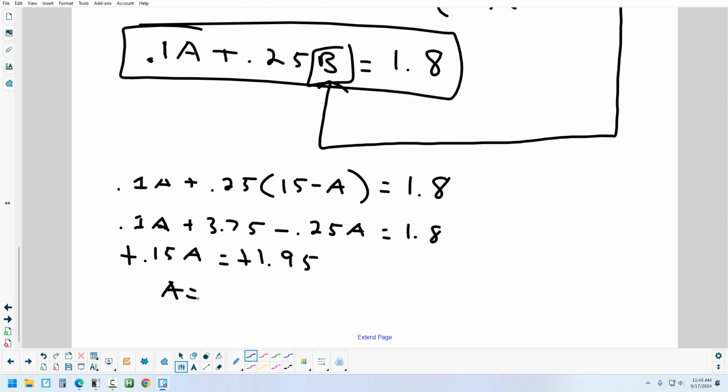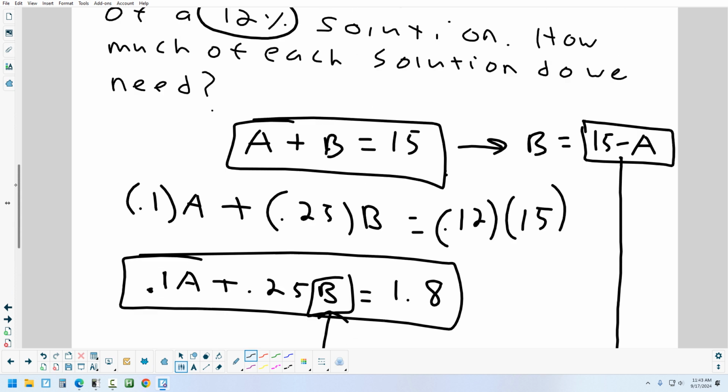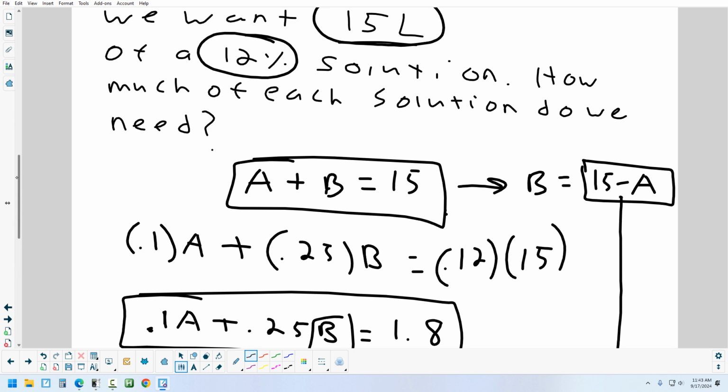What's 1.95 divided by 0.15? Is that 13? Okay. So that means we need 13 liters of solution A. And using your formula that you substituted for, you can easily figure out B, because now you know this is 13.